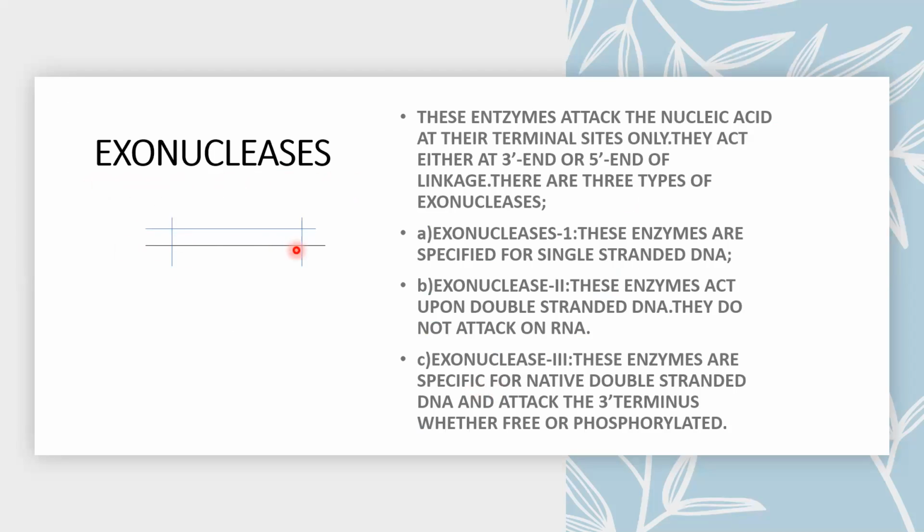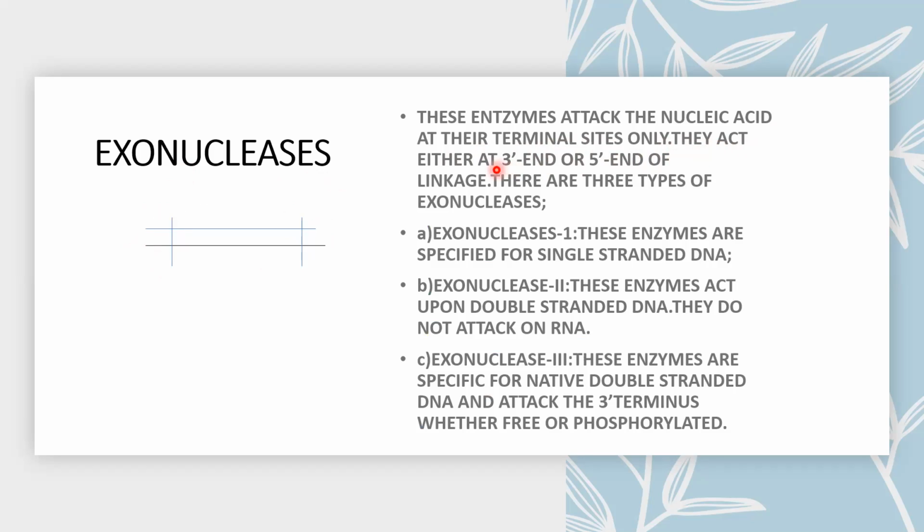Now we'll talk about exonucleases. Here I have shown the DNA. One is the 5' end, another is the 3' end. Here it is 5', then again 3' end. So when these enzymes cut on the outer side toward the 5' or toward the 3' end, they are called exonucleases. These enzymes attack the nucleic acid at their terminal sites only.